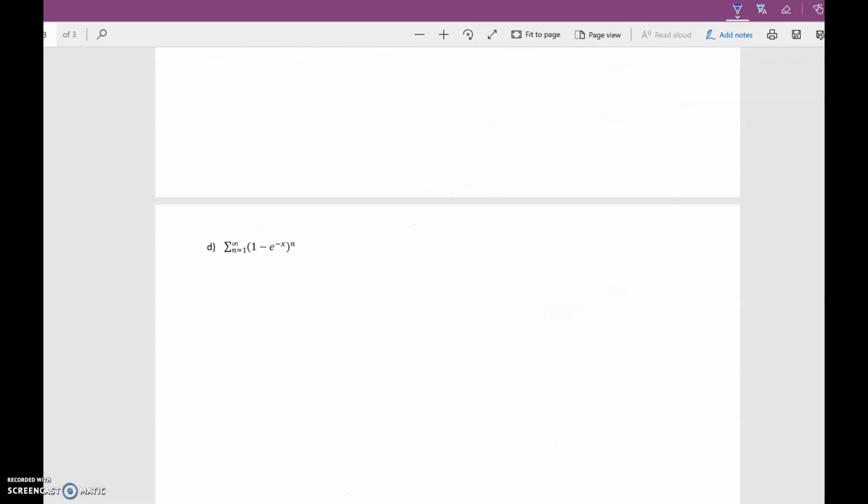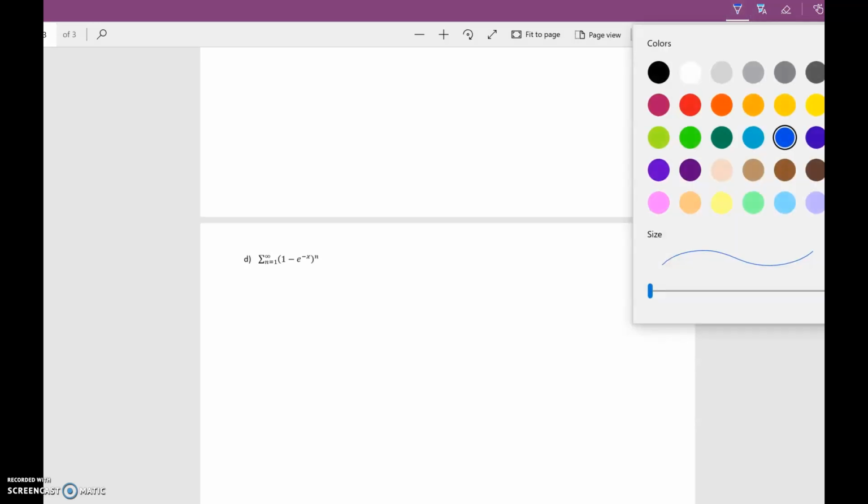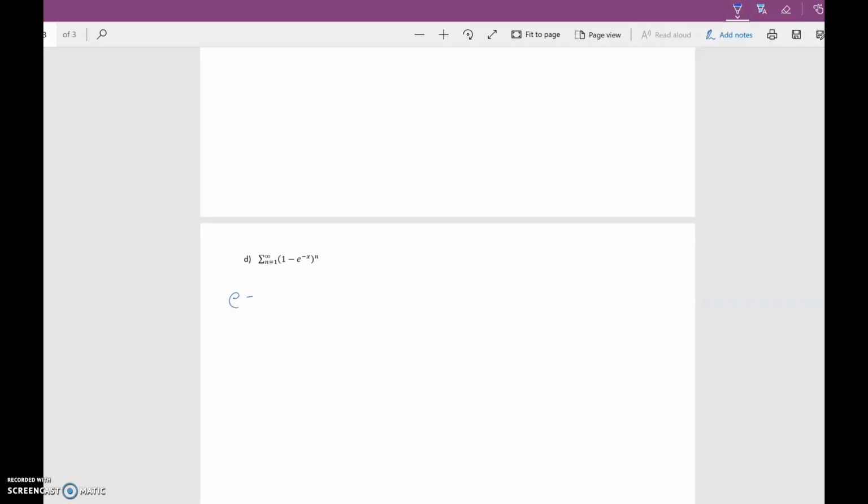Which takes us to the last problem. On this one, the value of rho is equal to the limit as n approaches infinity of the nth root of the absolute value of 1 minus e to the negative x, and I'm just going to take out that exponent raised to the n power.